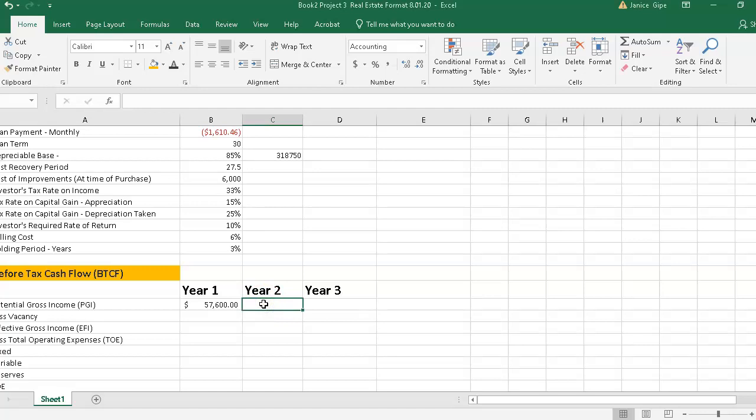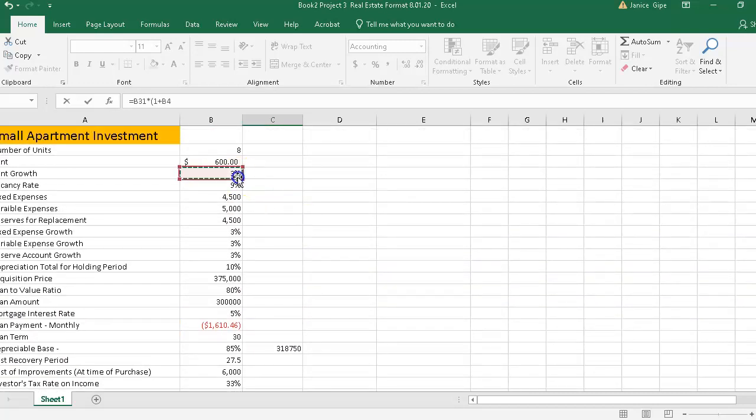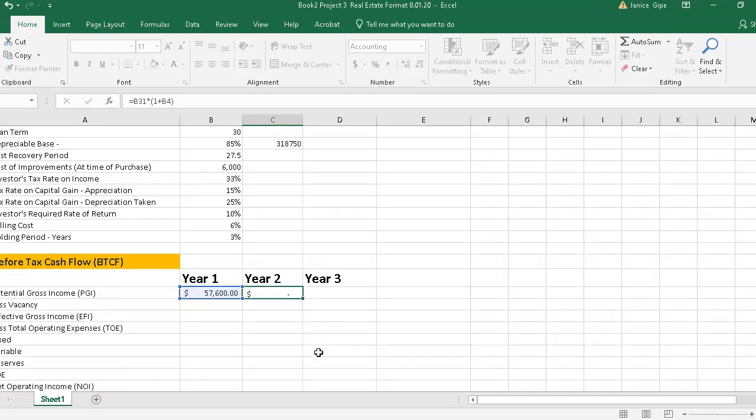To get the second year potential gross income, we take the year one amount and multiply it times 1 plus the 3% rent growth rate, and then close the parentheses.